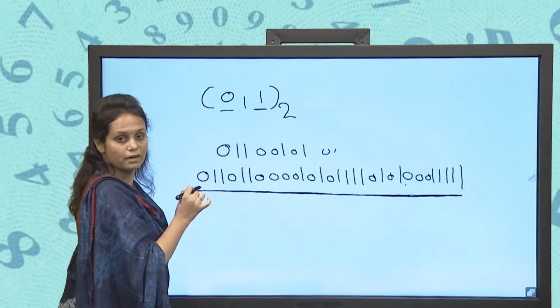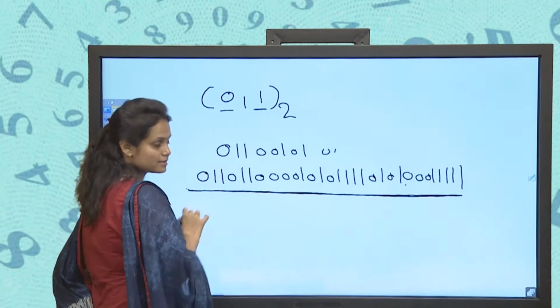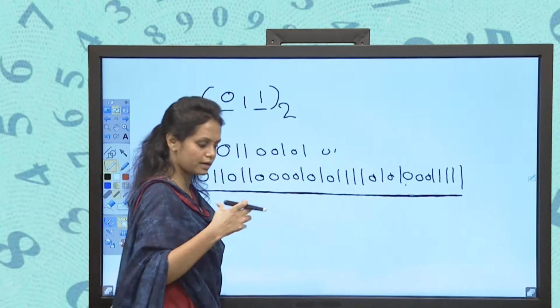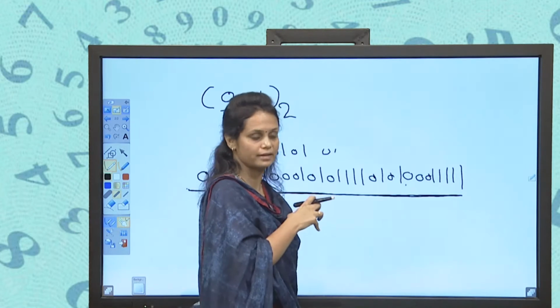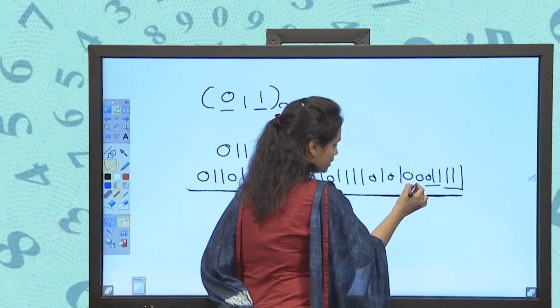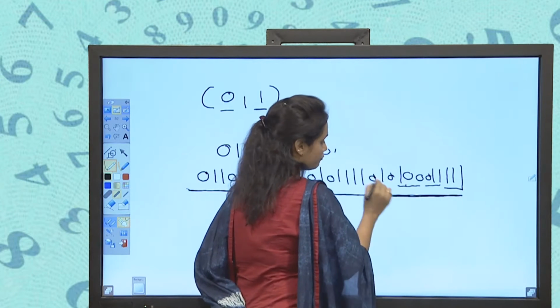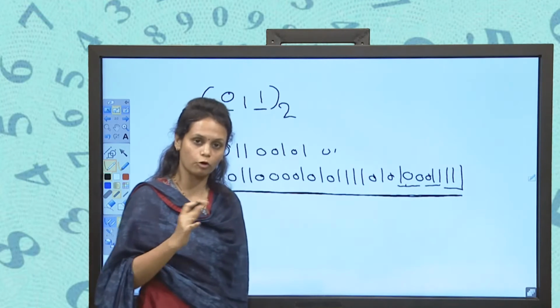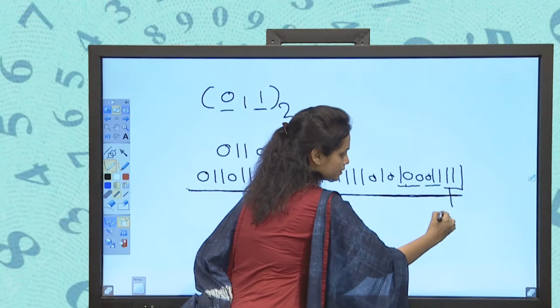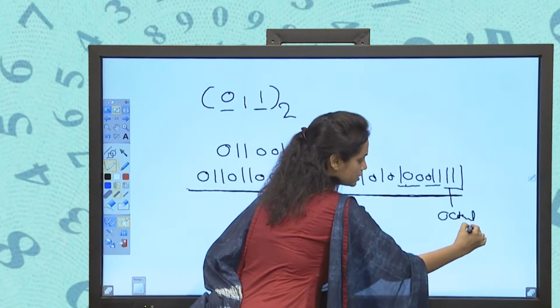this lengthy number, and also to manage it. That is why one can make groups of this binary number, like we can make groups of 3 and represent each as one number. We also can make groups of 4. If we make groups of 3, the number will be represented using the octal number.